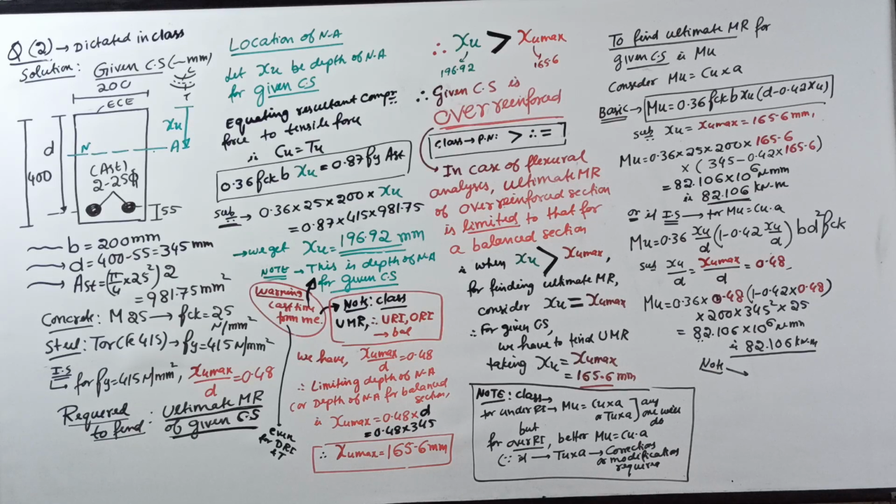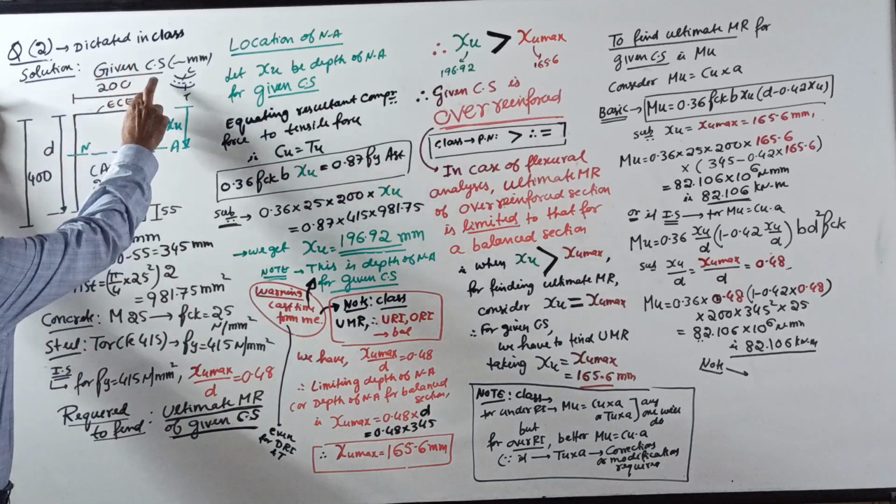Take M25 concrete and Fe415 grade steel, that is torque steel. Consider BM to be sagging. Yes, that is the question. Start. Solution. Write given cross section.